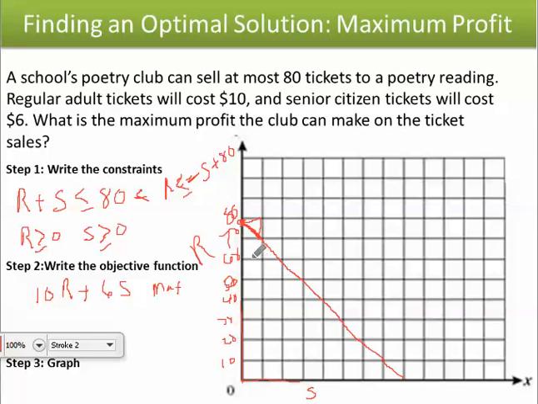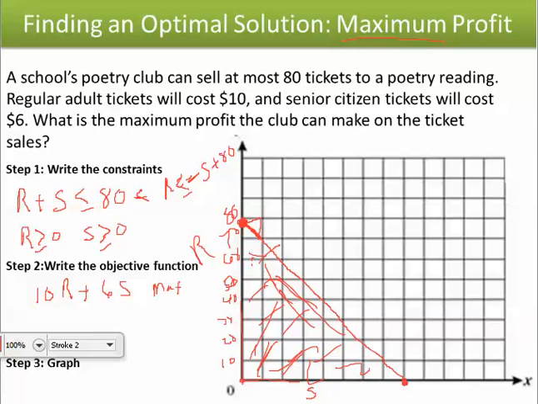Like that. And my area is down in here, right? This is my feasible area that we could actually sell tickets. Somewhere in here. Now, because we're wanting maximum profit, it's going to be one of my vertex points. See my vertexes? 0, 80, 80, 0, or 0, 0.